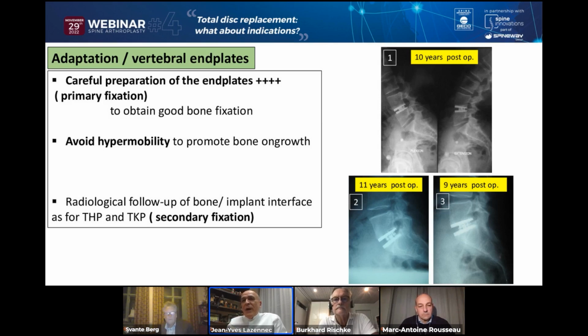We must convert ourselves in a way to hip and knee surgeons, because hip and knee surgeons have the culture of the follow-up of the patient regarding bone reaction. Look at those patients with long-term follow-up. I did viscoelastic implants like Marc-Antoine's since about 15 years, and you see the end plates are not the same.